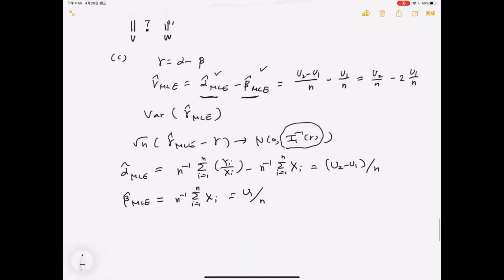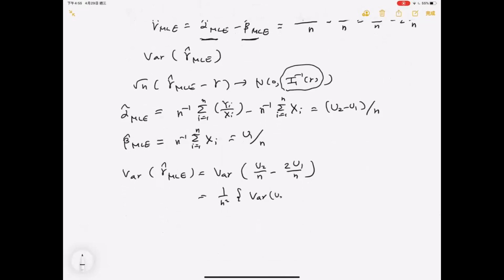So when you're deriving the variance of gamma hat MLE, that becomes the variance of U2 divided by N minus 2U1 divided by N. By doing so, it is nothing but 1 over N squared times the variance of U2 plus 4 times the variance of U1. Then it's easy to do.